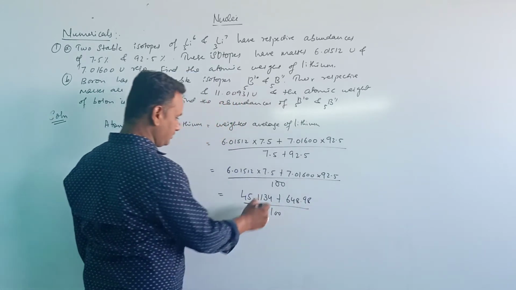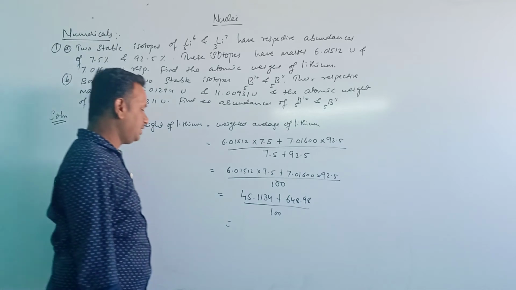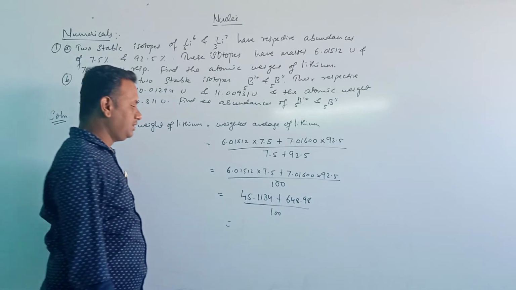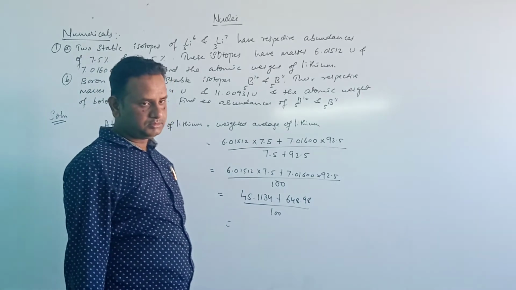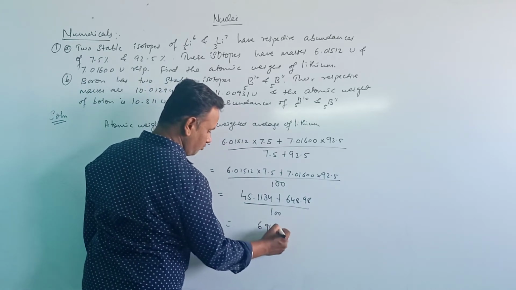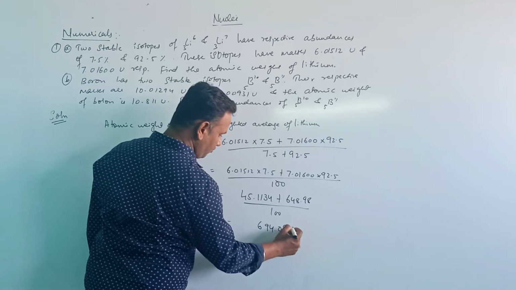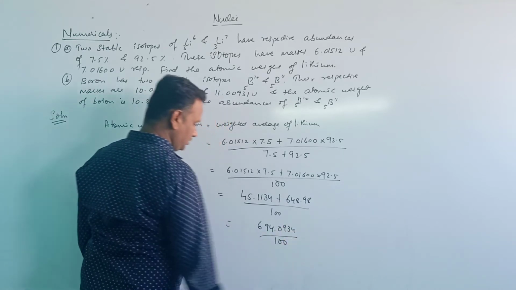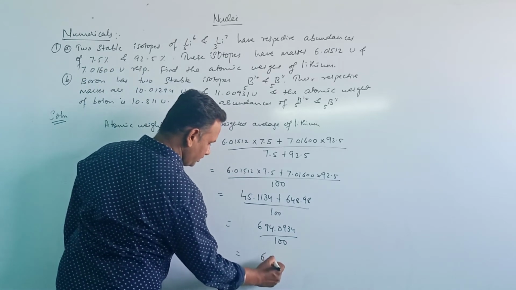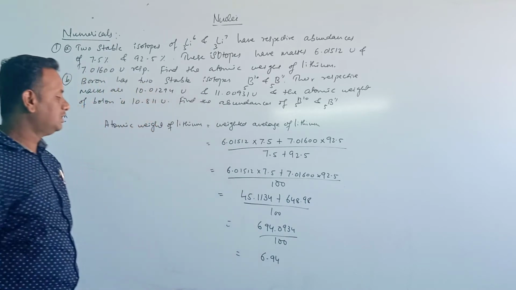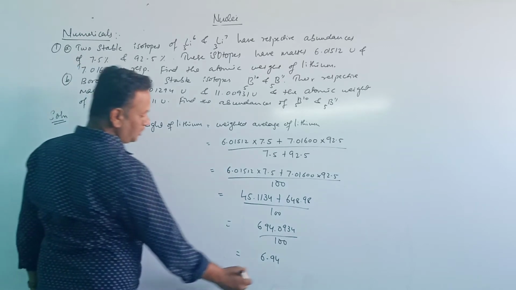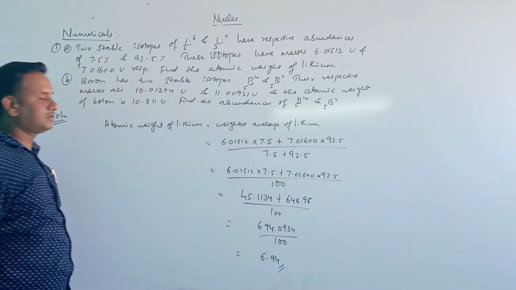If you add 45.1134 plus 648.98, you get 694.09334, whole divided by 100. If we divide by 100, it becomes 6.94. So this is the atomic weight of the lithium.